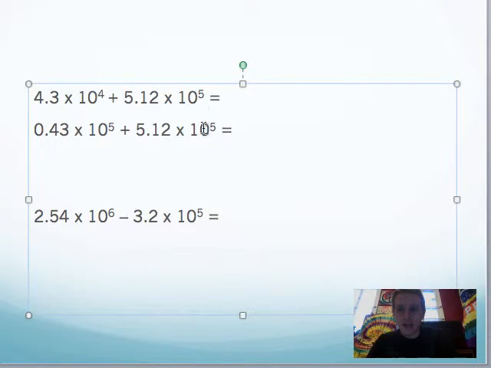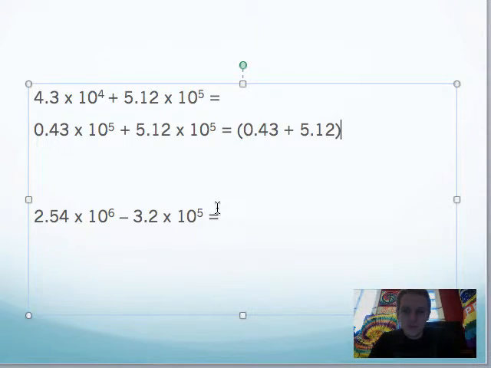Now we've got like terms. They're both times 10 to the fifth power. All we need to do, add those coefficients. So we've got 0.43 plus 5.12.